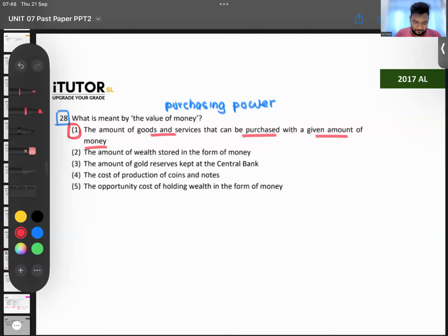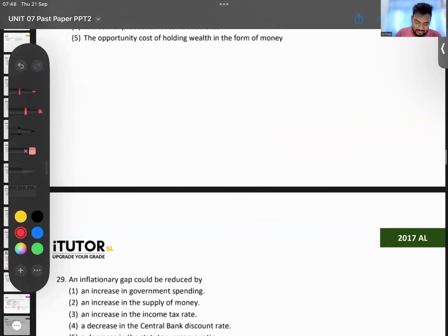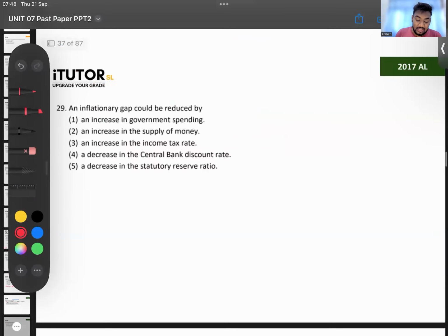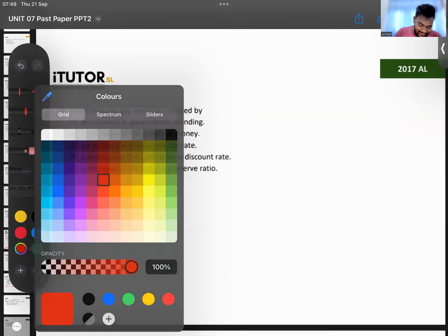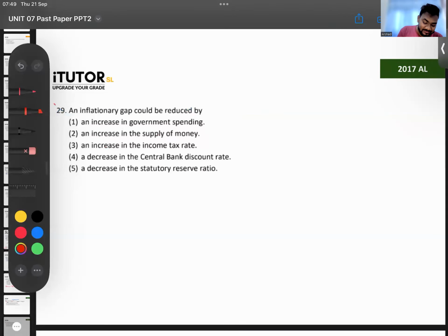Then number 29. Inflationary gap can be reduced by. Now, this question, guys, you don't have to think too much. Think how they can reduce inflation. Inflationary gap is because the aggregate demand is at a way higher level than the aggregate supply.